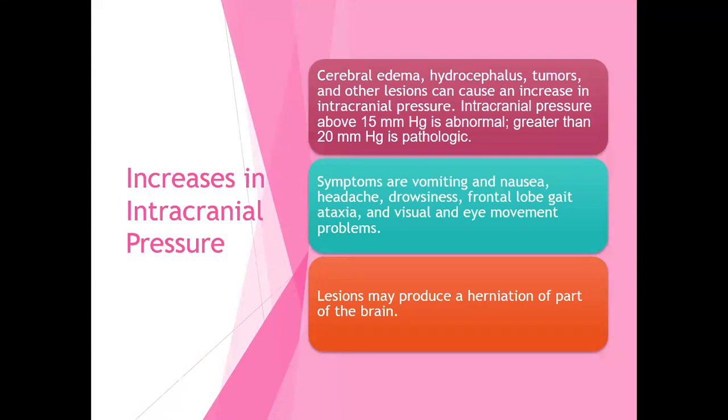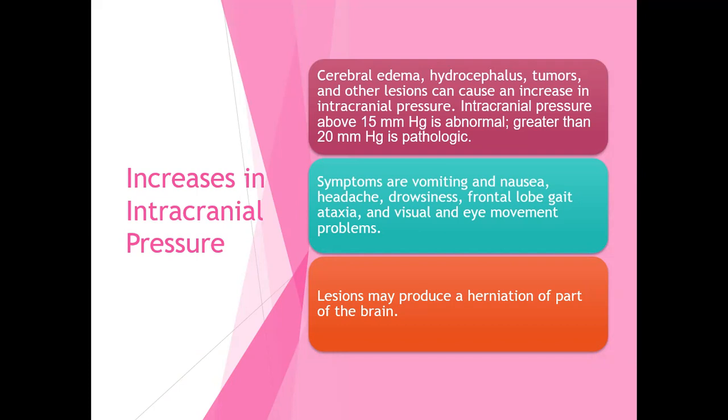So when you have cerebral edema, hydrocephalus, tumors, or other types of lesions, it can cause an increase in intracranial pressure. So intracranial pressure above 15 millimeters of mercury is abnormal. Greater than 20 millimeters of mercury is pathologic, so it can cause problems. The symptoms are going to be vomiting and nausea.